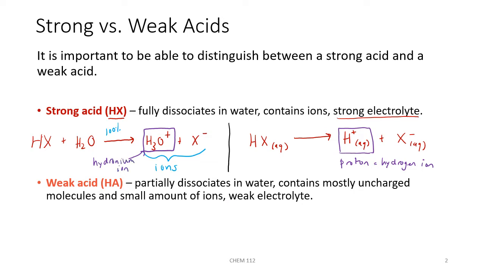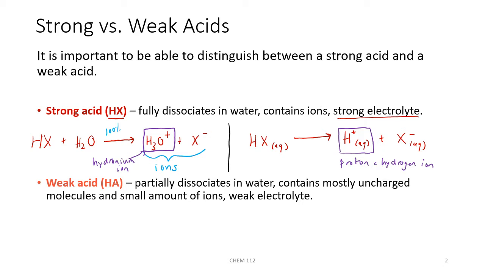The hydrogen ion doesn't exist as H plus in water, it actually exists as the hydronium ion. But oftentimes this shorthand notation of writing the dissociation of an acid is used where it just shows H plus. So you're going to want to know that those two things are used interchangeably, and the equation on the right is kind of the shorthand notation of writing the full ionization of the acid in water on the left.